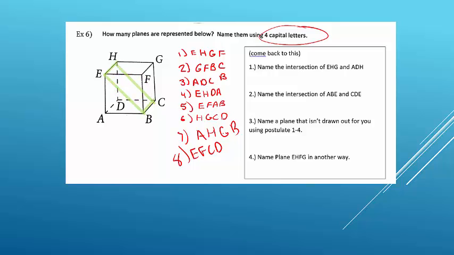You could go left and down as diagonal, E, H, B, C. Or you could go the other way, G, F, A, and D. So there's actually 10 planes hidden in that simple picture. We'll come back to this section. We're not ready for that.